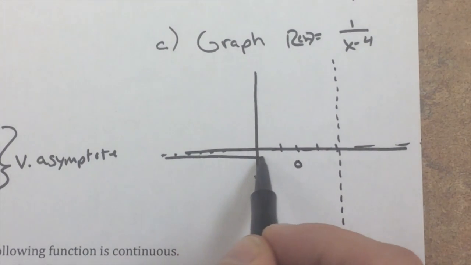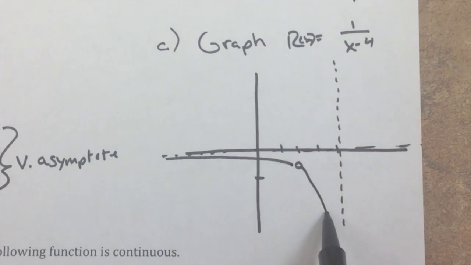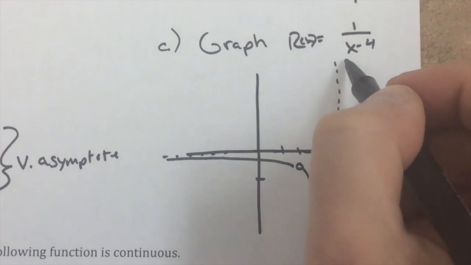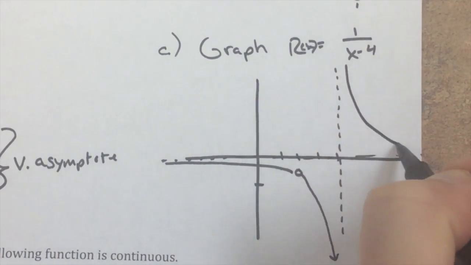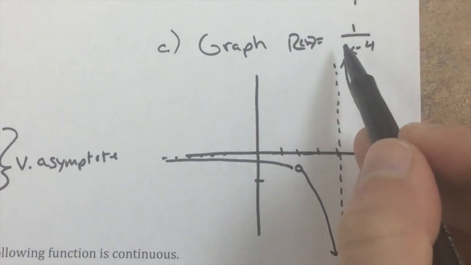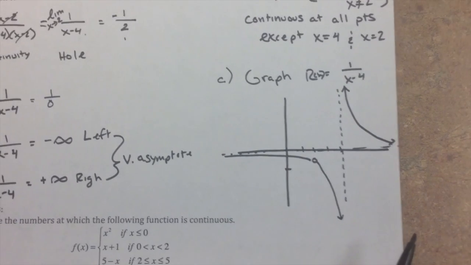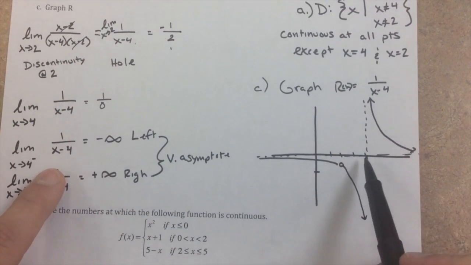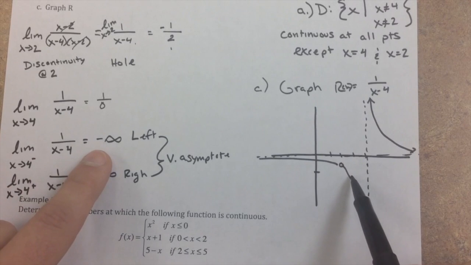So what our graph looks like is, from the left, it's going down to negative infinity. From the right, it's going up to positive infinity. So if we just look at all of this information that we figured out, it's undefined at 4. From the left, it's going down to negative infinity.